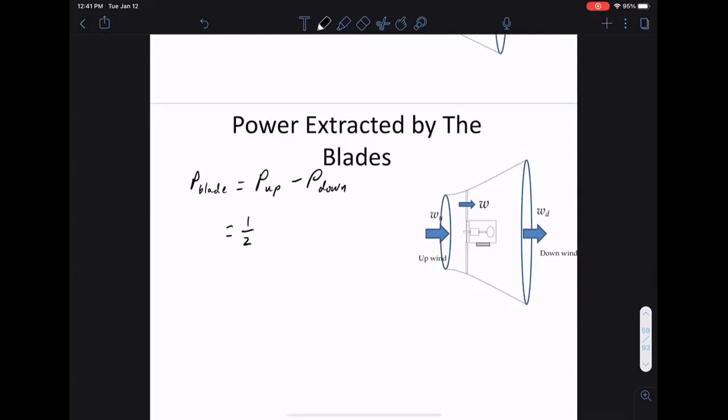Well, upwind, we have half times m over t, the mass flow rate, times the square of the speed. This is just the kinetic energy divided by t, which gives us power, minus one half for the same amount of mass moving through times the downwind speed squared.